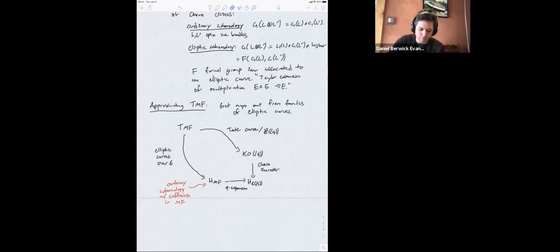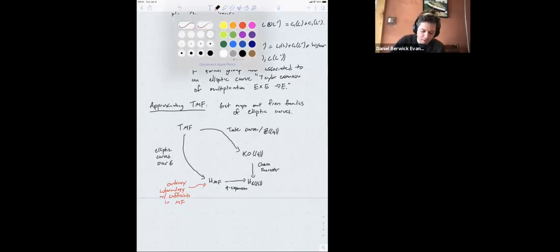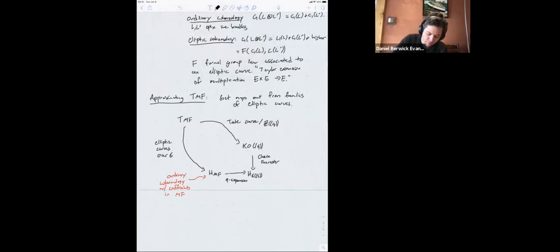Okay, so what I want to do next is take the homotopy pullback, which I'll just define as being some mashup of KO and modular forms. And this map here is the approximation that I want to consider. Maybe I'll put that in a different color.